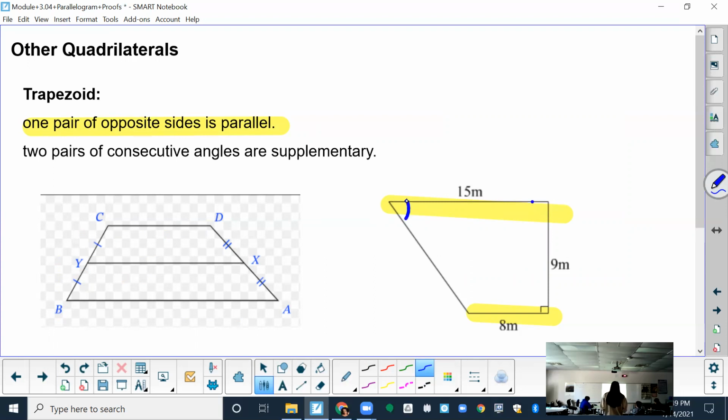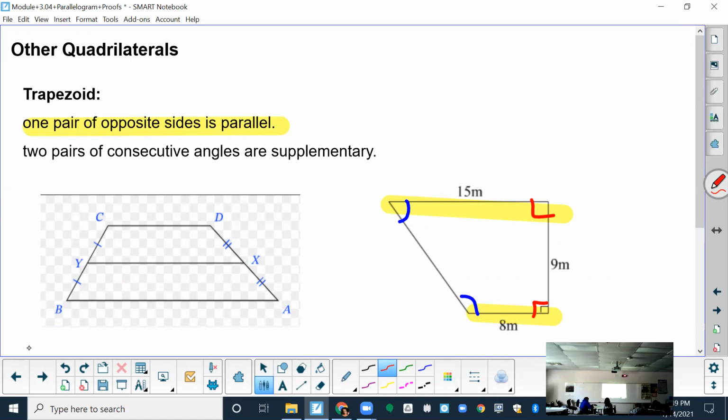I think this one and this one would be supplementary to each other, and then this one and this one would be supplementary to each other. These would not be in that direction. Any questions?